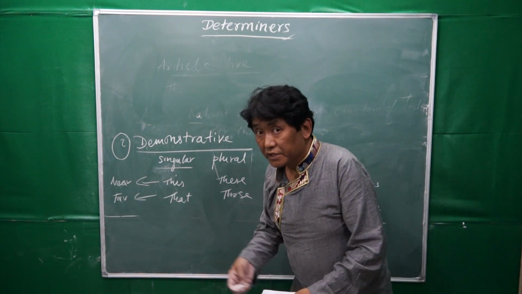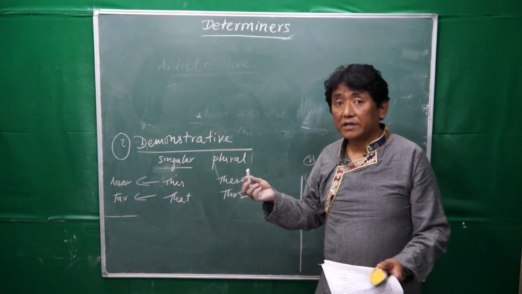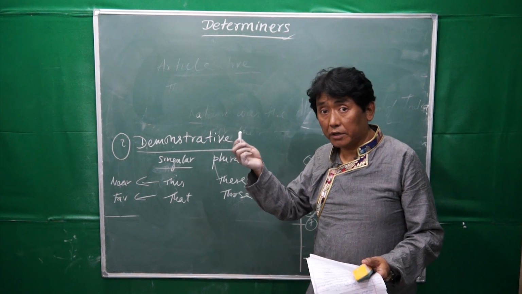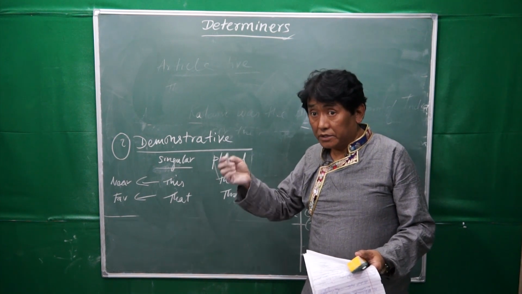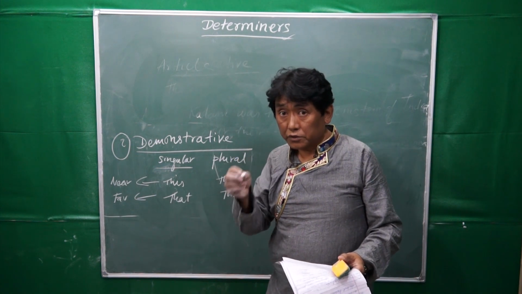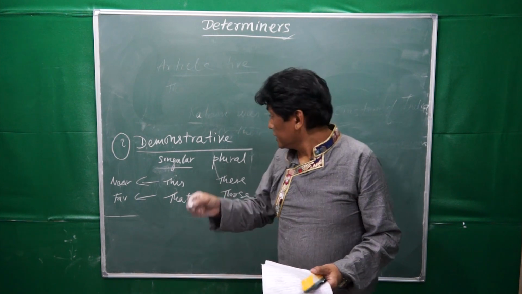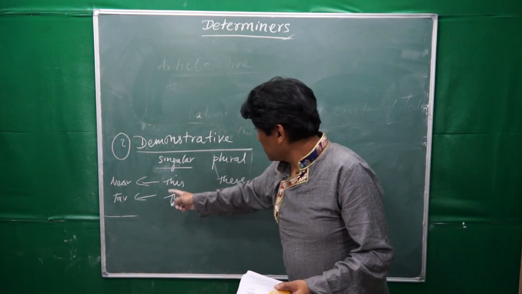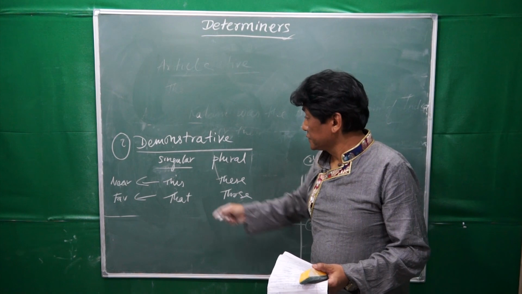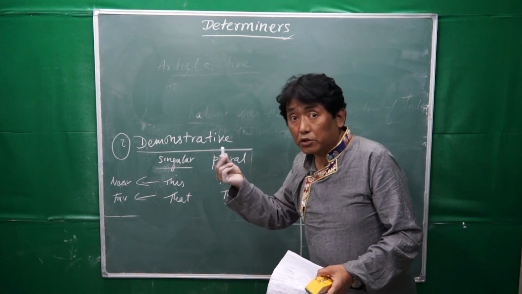Now if you see this chalk here, I say this chalk. I can see that door over there, I say that door. Door is the noun, and this is your determiner. Now, there are singular and plural here also. If I have one chalk only, I say this chalk.